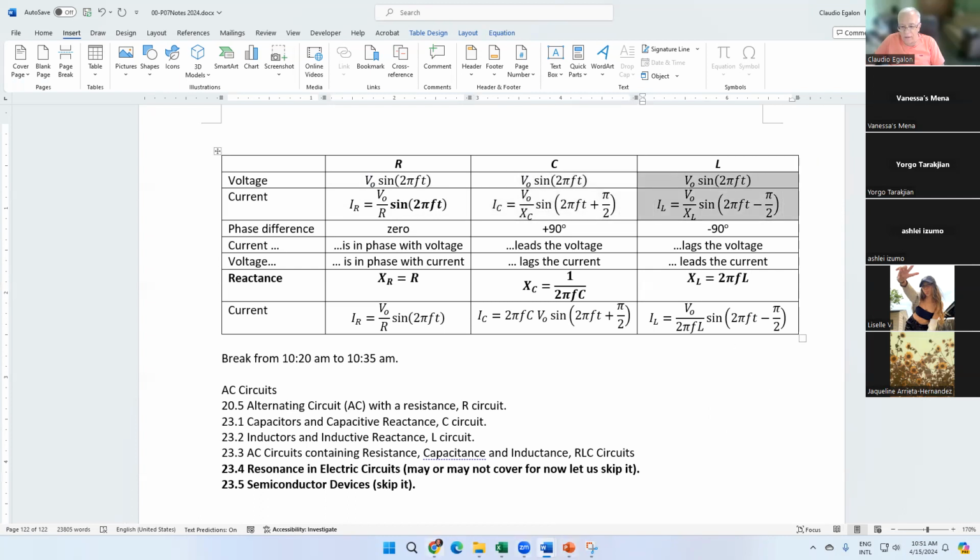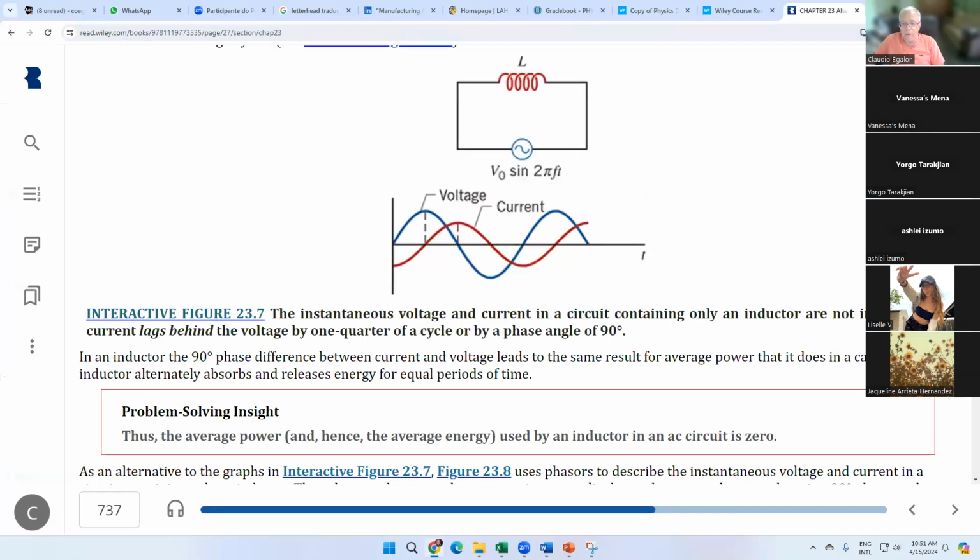That's what those graphs are all about, the current and the voltage. The peak here of the current is ahead of the peak of the voltage by 90 degrees. Ahead, no, it's behind. Sorry, it lags.